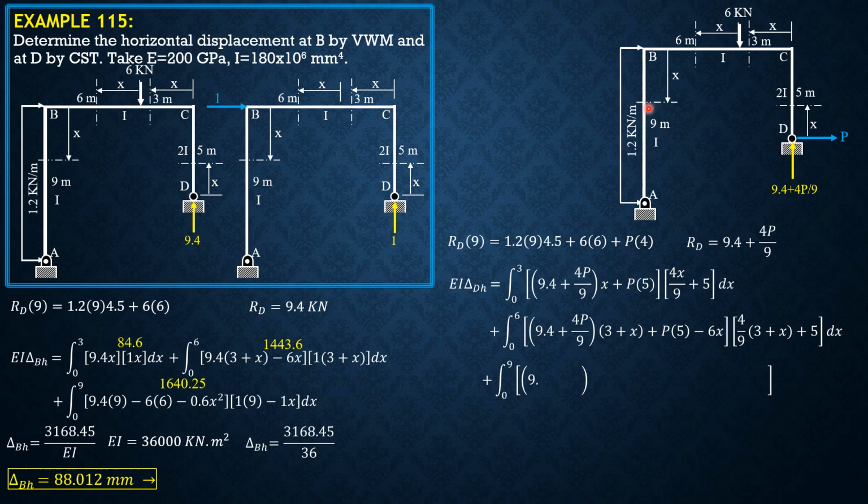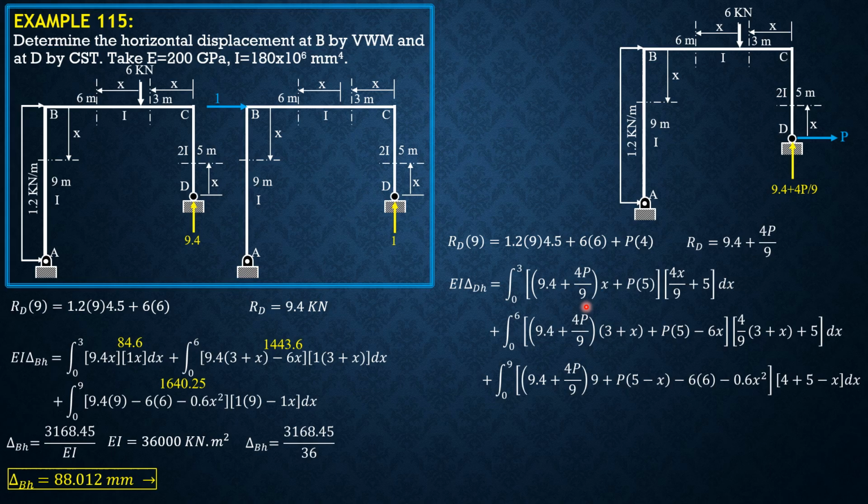So integral 0 to 9 of 9.4 plus 4P over 9 times 9 plus P times 5 minus x minus 6 times x minus 0.6 x squared. Then times derivative: 4P over 9 times 9 is 4. Then derivative of P times 5 minus x with respect to P is 5 minus x. Or simply this is 9 minus x.